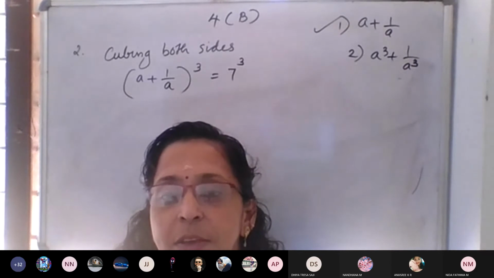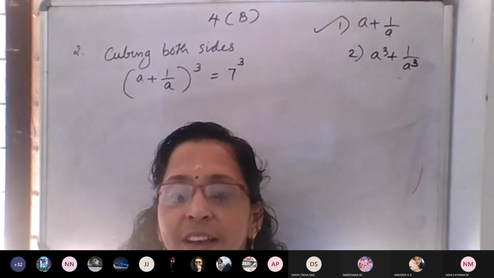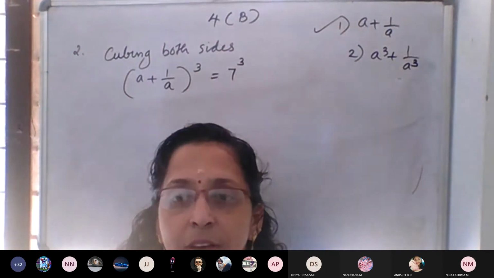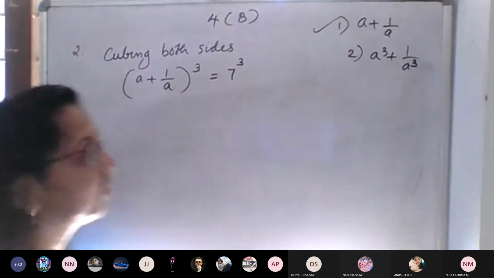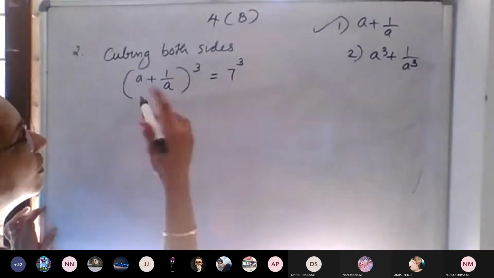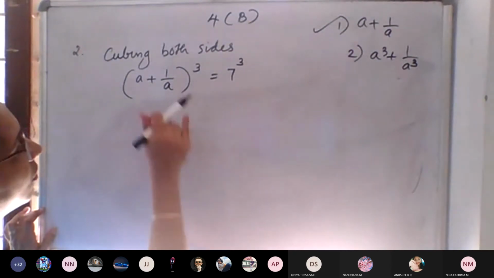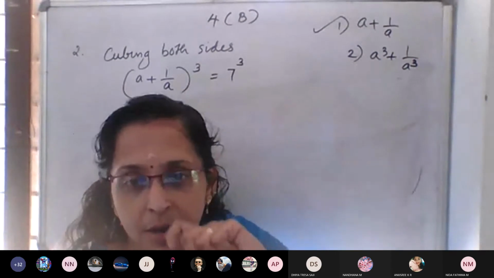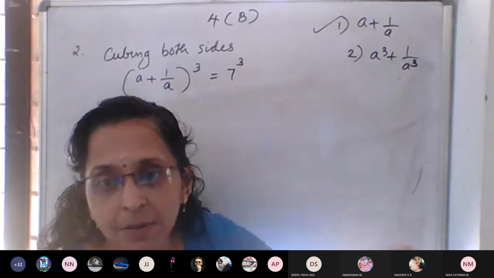Those who can't learn them by heart, do this in the form of (a plus b) whole cube. What about (a plus 1 by a) whole cube? Directly using the formula you can write (a plus b) whole cube.